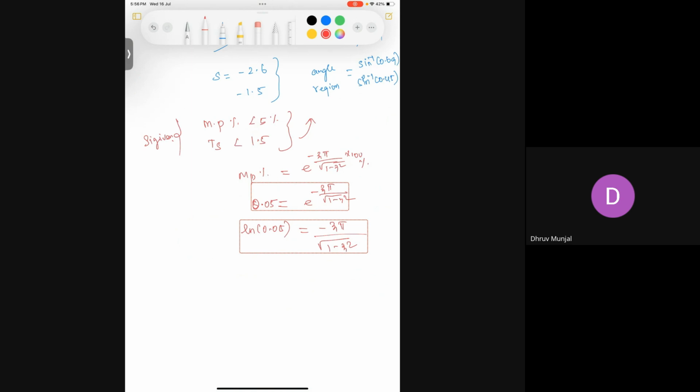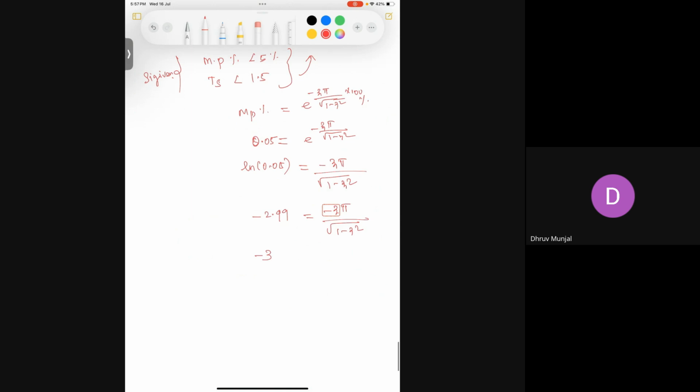Ln of 0.05. This will give you minus 2.99 something, around 3. You can approximate it to 3. I'm keeping it as minus 3. So zeta pi over root of 1 minus zeta square is 3, and squaring, this will become 9 times (1 minus zeta square) equal to zeta square pi square.